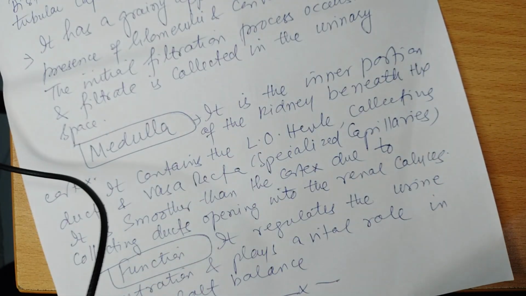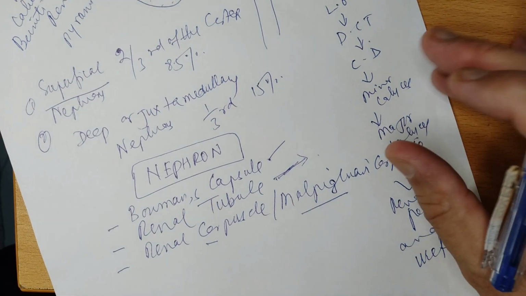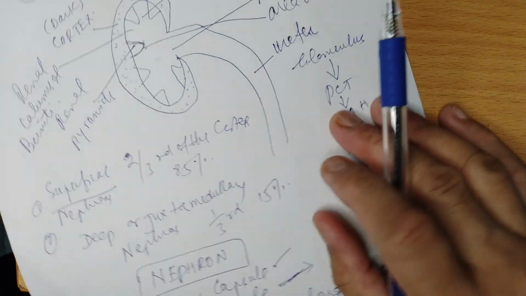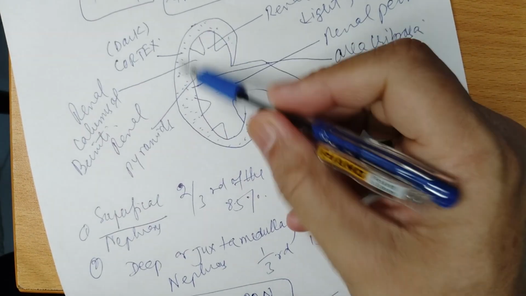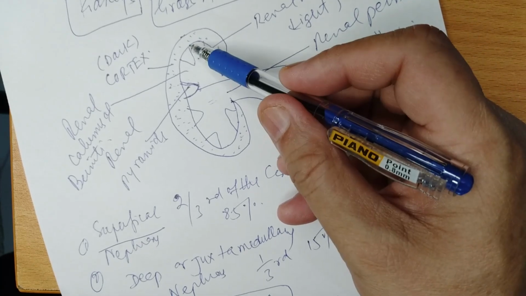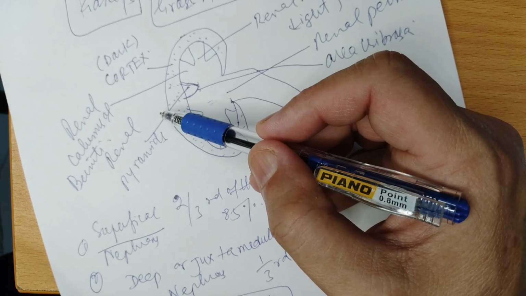The reason is that the cortex contains, you can see, these grainy structures which are due to the presence of glomeruli and tubules. Therefore, it appears darker and granular because of the presence of glomeruli, convoluted tubules, and peritubular capillaries.